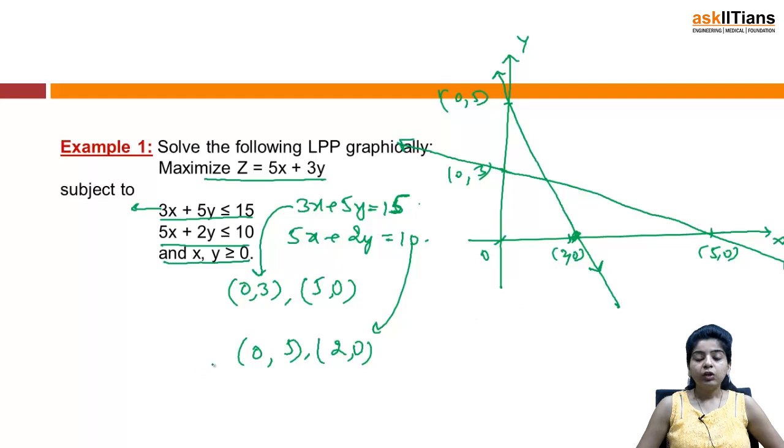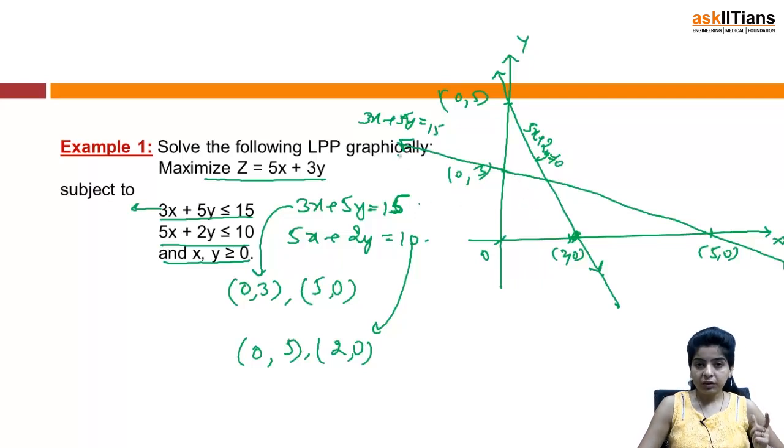Once you have drawn these, these are the equations. The points 0, 5 and 2, 0 are for this line. You can write the equations down here also. This is my 3x plus 5y equal to 15, and similarly this equation is 5x plus 2y equal to 10.